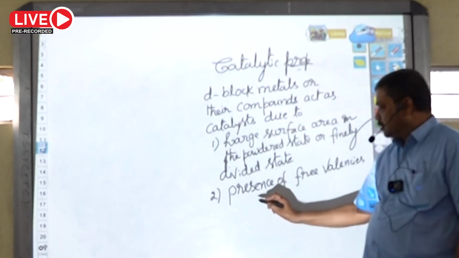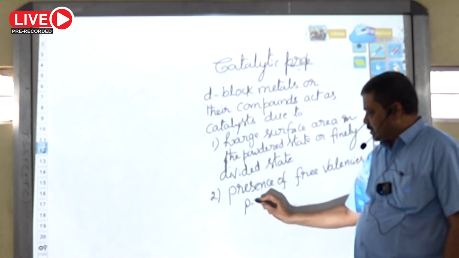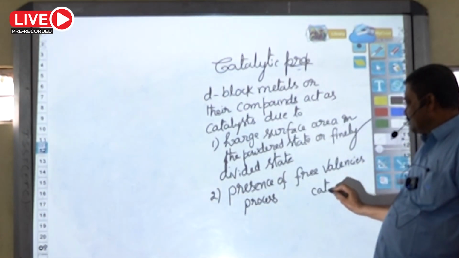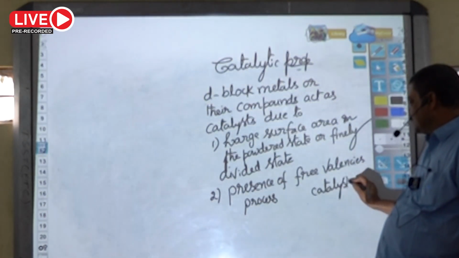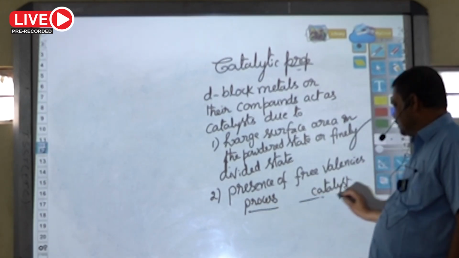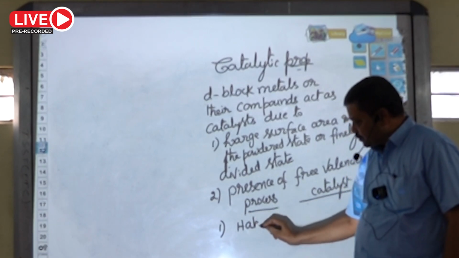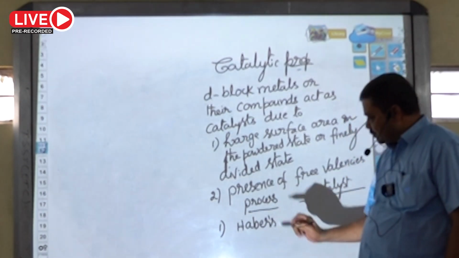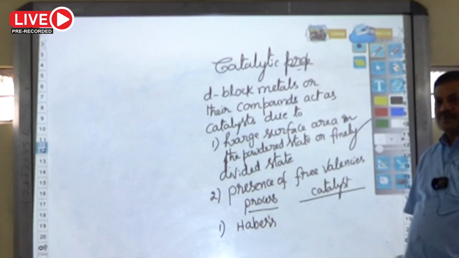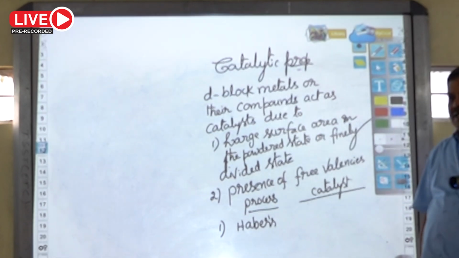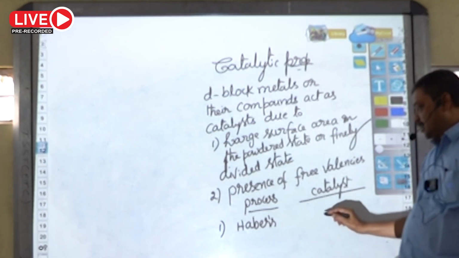So we'll see some examples of how the D block metals act as catalysts. So now, process and catalyst. Write Haber's process. In Haber's process, we manufacture ammonia by combining nitrogen and hydrogen.